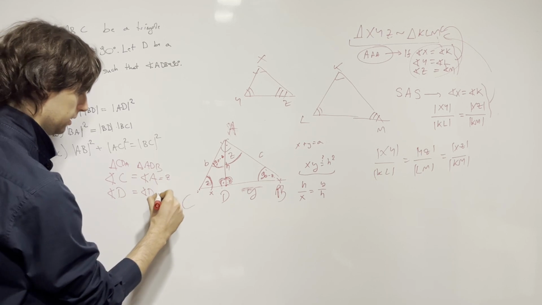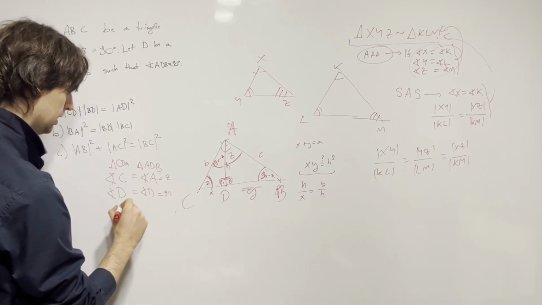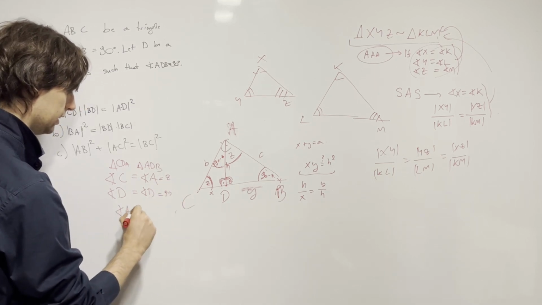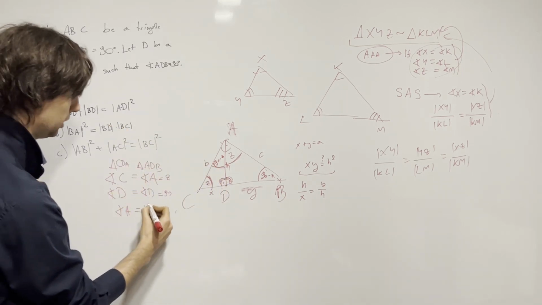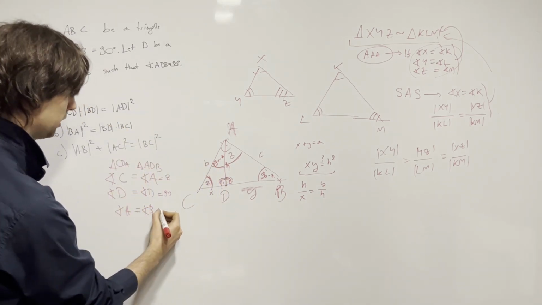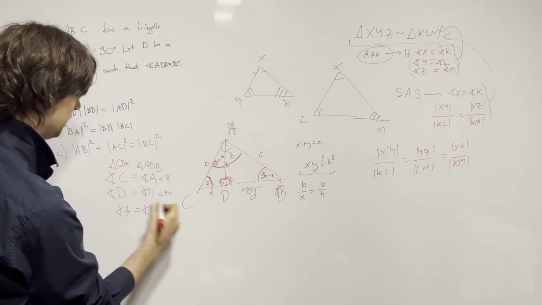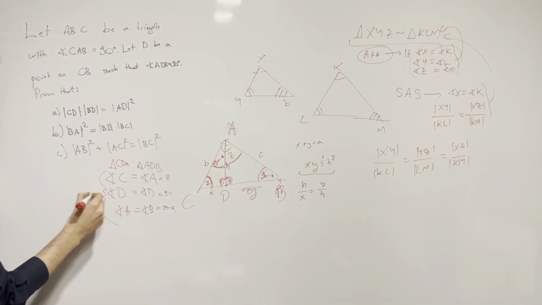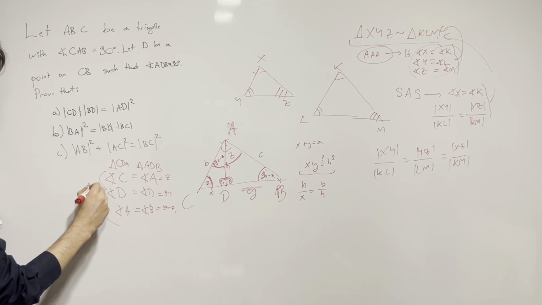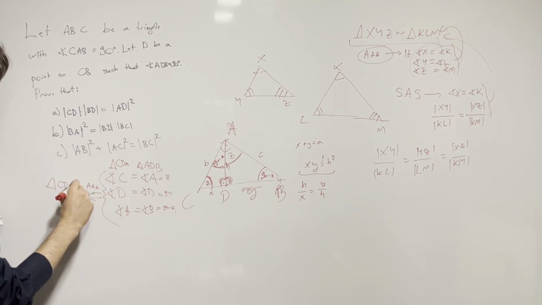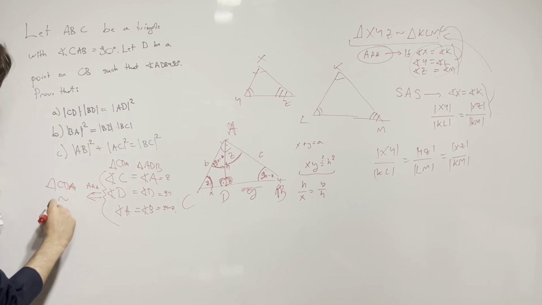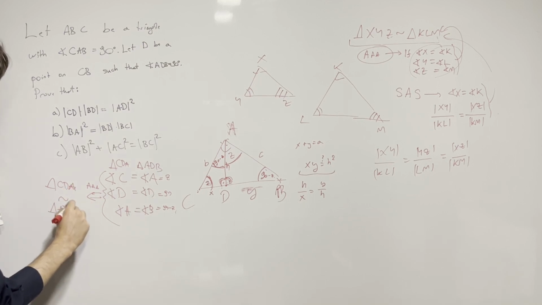The angle at C is equal to the angle at A, which is Z. And the other angle at A is equal to the angle at B, which is 90 minus Z. And from here, we can infer from the angle-angle-angle rule that triangle CDA is similar to triangle ADB.